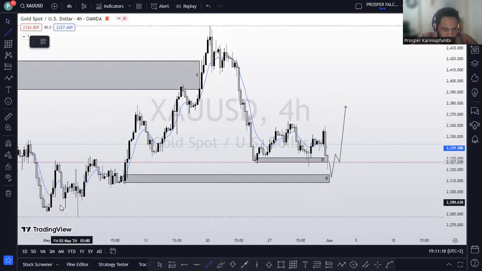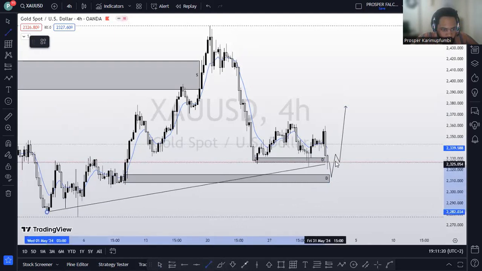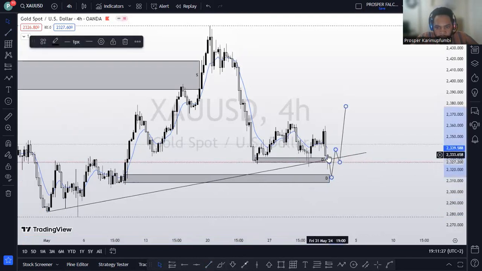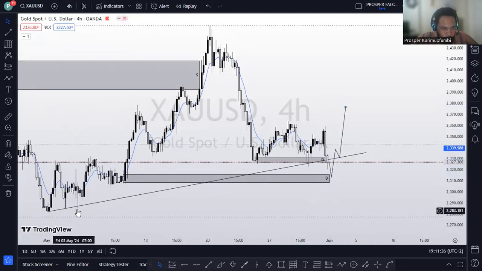The reason I'm saying that is because I'm also looking at this on gold. We might break slightly to the downside and then come back above this support structure and then continue to the upside, like what actually happened here.